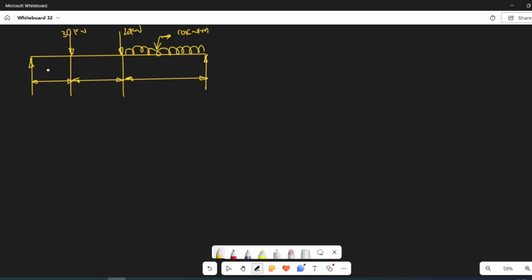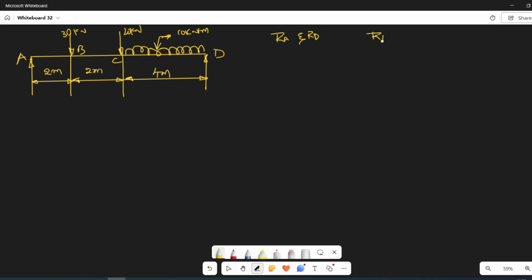Let's first get the reactions at points A and D. First we have to identify RD.